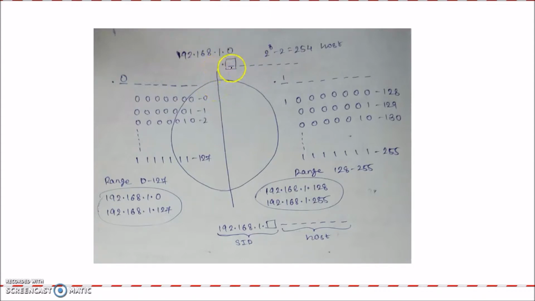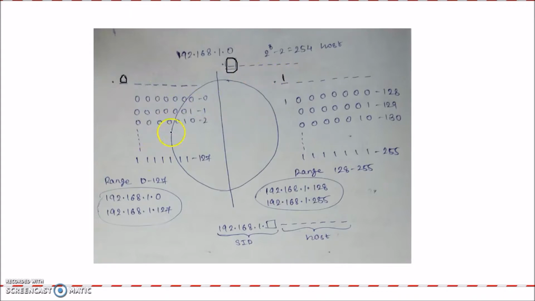If we want to divide this network into 2 different subnets, we need only 1 bit. Therefore, this network can be divided into 2 parts, one with 0 as the first bit and one with 1 as the first bit.